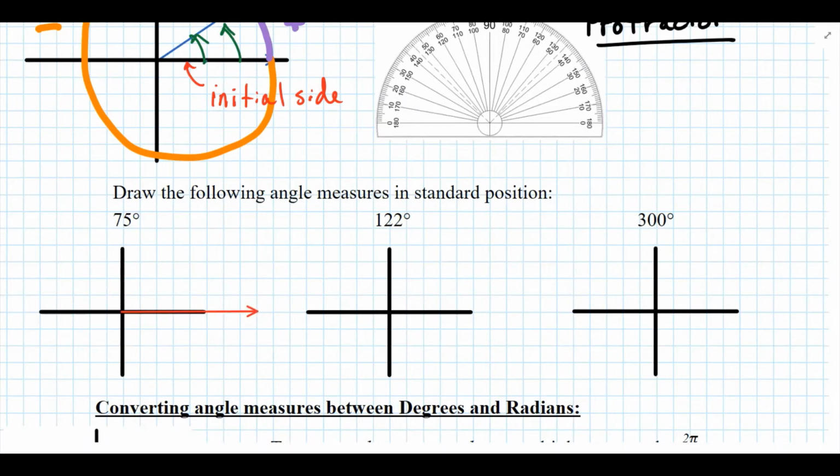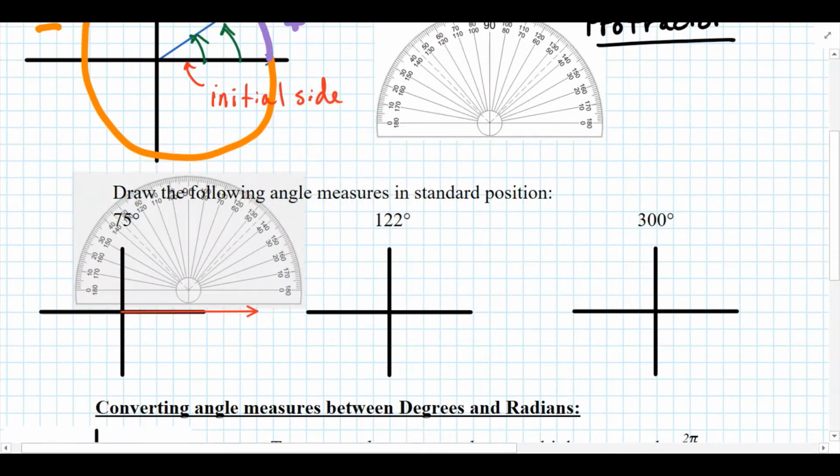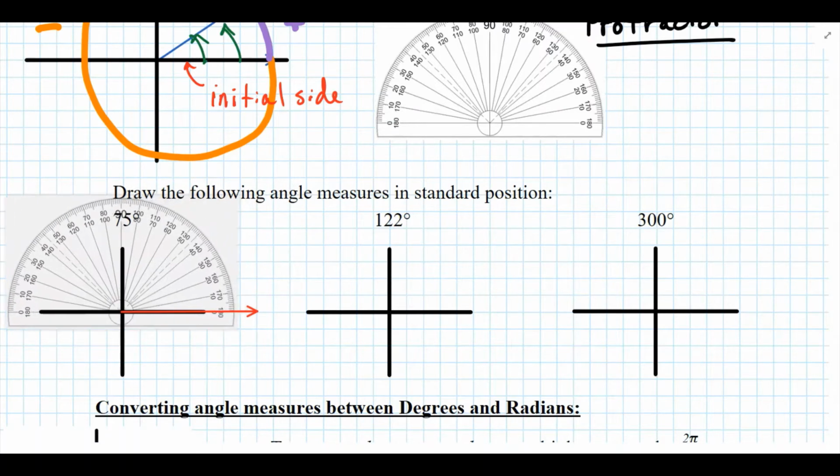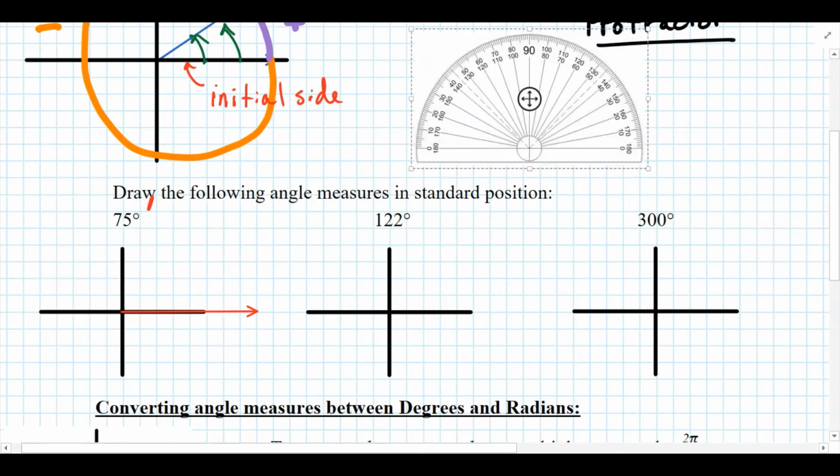Then place your protractor in position against the x and y axis and mark the angle. Then connect the point at the origin with your mark to draw the terminal side of the angle.